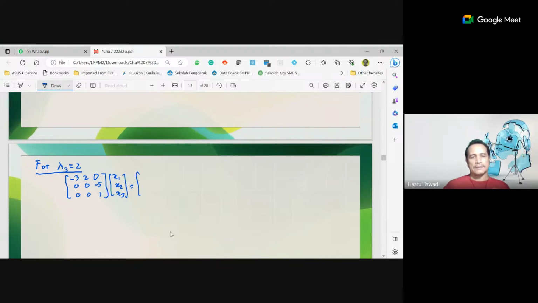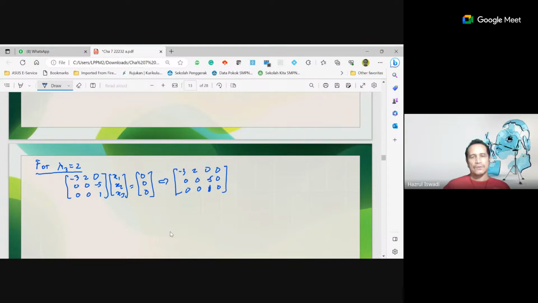Okay, so we have another homogeneous linear equation system. Here we have minus 3, 2, 0, 0, 0, 0, minus 5, 0. So it's routine, yeah, routine like this.